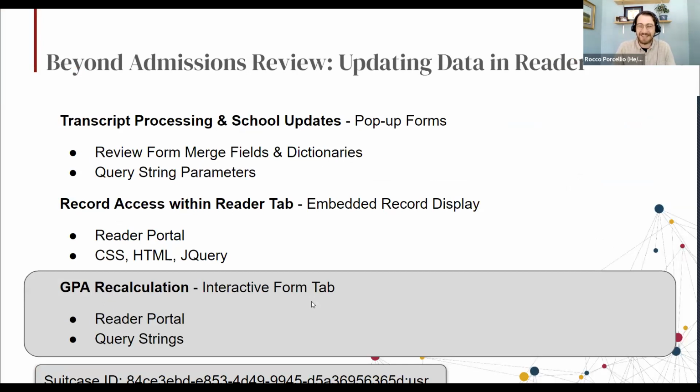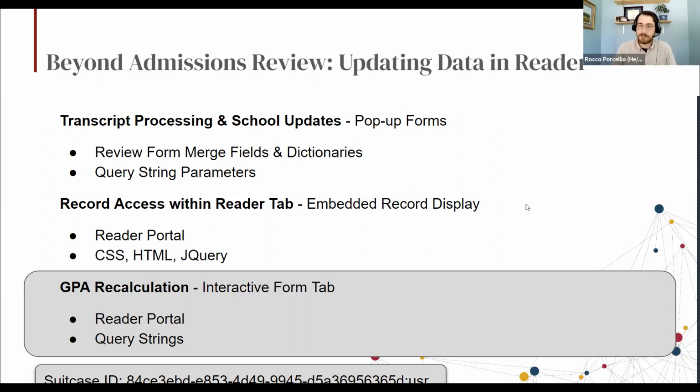Our next example we're going to take a look at, again, was born out of the idea of having a GPA recalculation available during the reader review process, but not integral to it, not a required component. Many of you have probably set up reader review forms to encapsulate GPA recalculation. So as part of your reader review, you have a GPA calculator built right in.